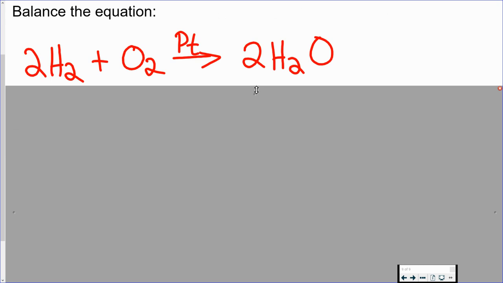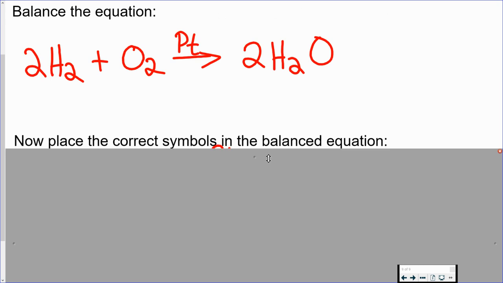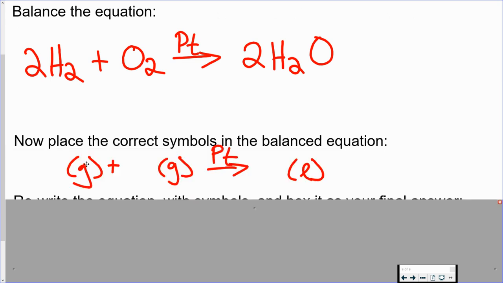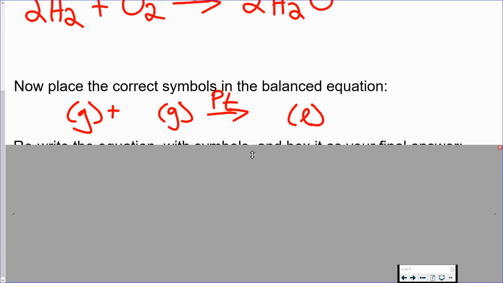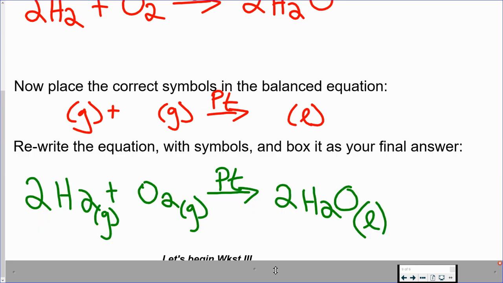It's balanced. So if we were to come down and do our symbols, you have a gas plus a gas over platinum gives us a liquid. And finally, we're going to put it all together, and you get 2 H2 gas plus O2 gas over platinum will give us 2 H2O liquid.